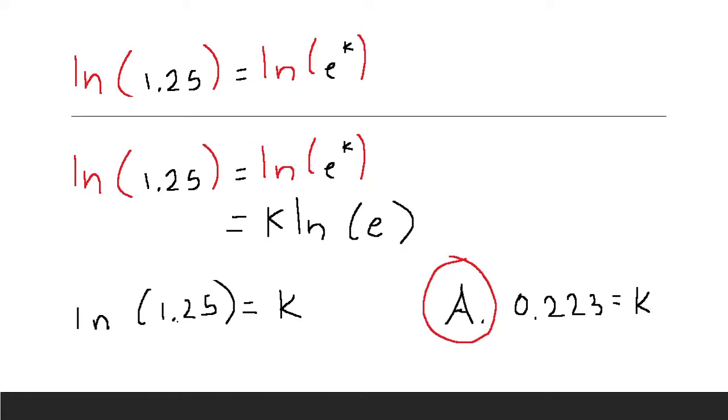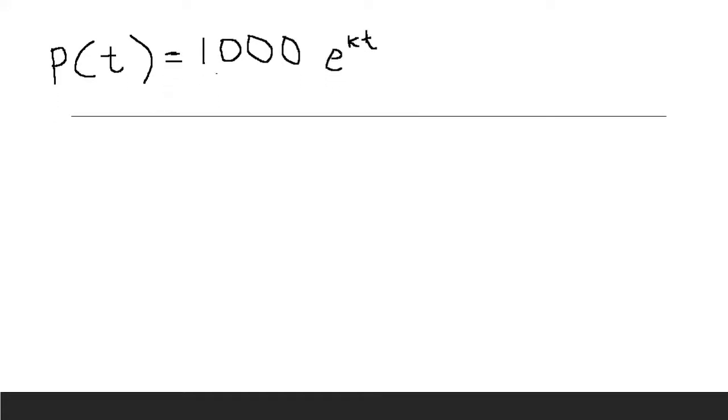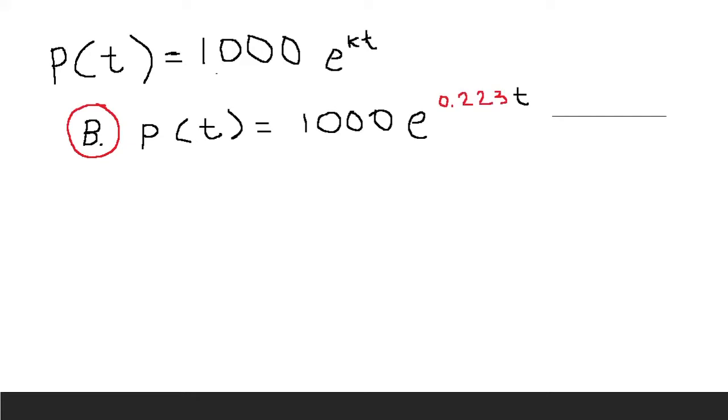Now we can write a general formula. The general formula is going to be 1000e, and then all I need to do is replace k with 0.223t. So that's the answer to part B. That's the general equation that will give you the population P(t) at any time.